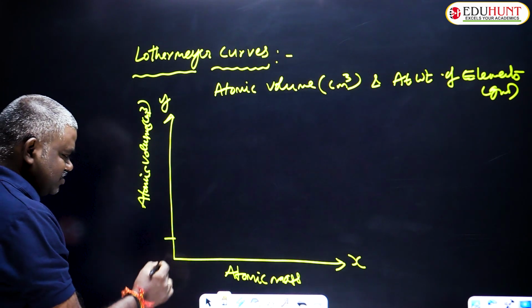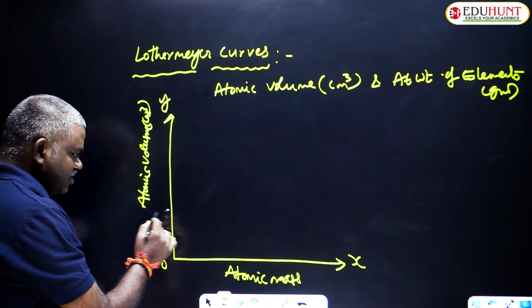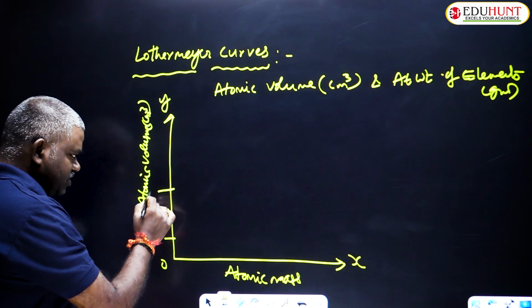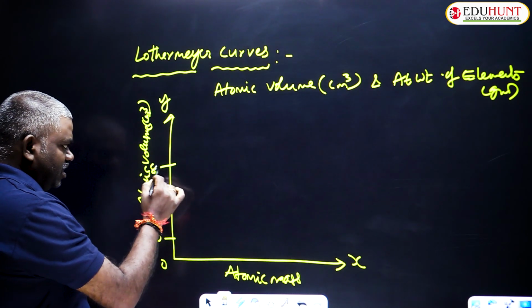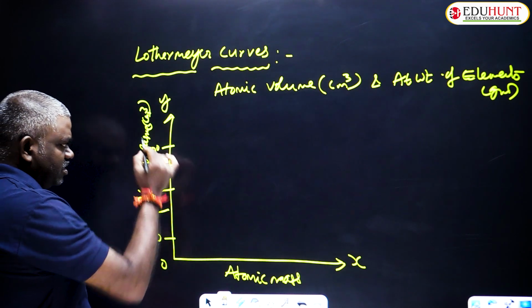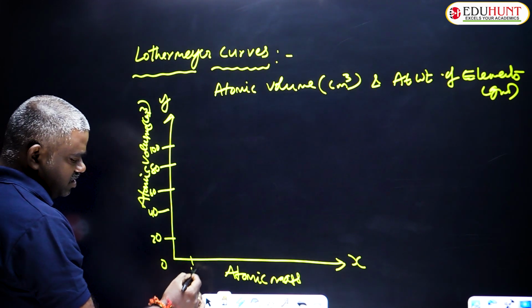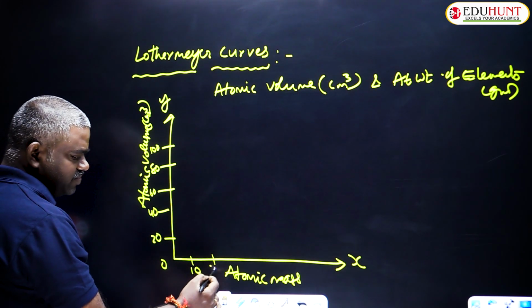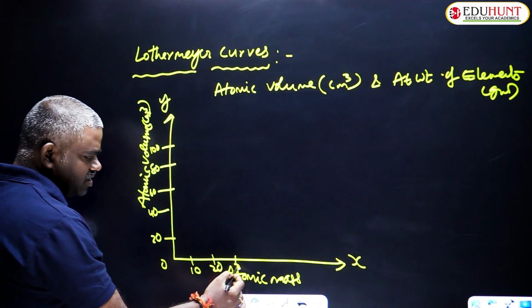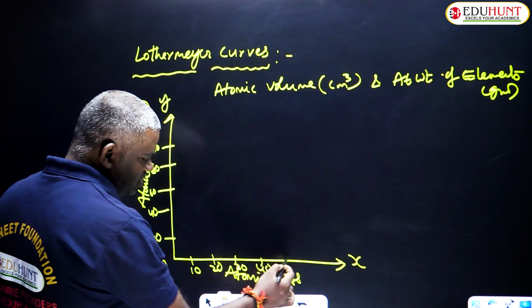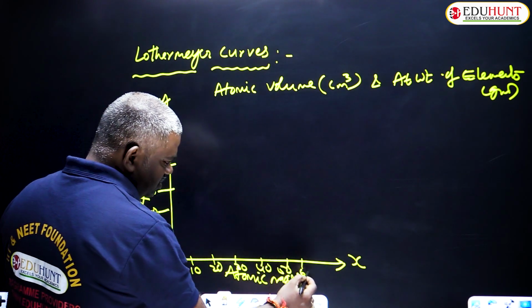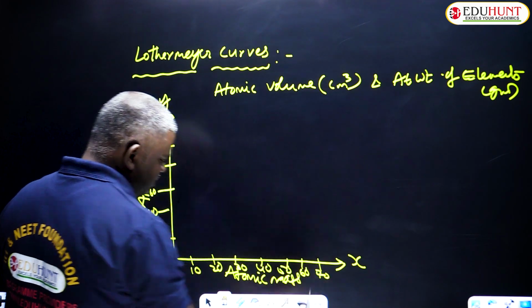See, it is 0, 20, 40 cubic centimeters, 60, 80 and 100 like that. Here atomic mass 10, 20, 30, 40, 50, 60, 70 like this.